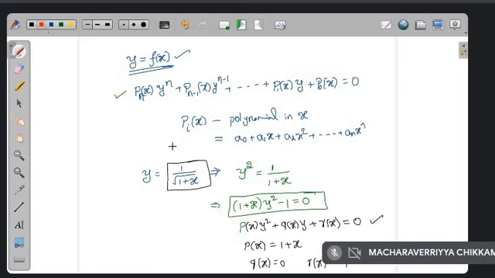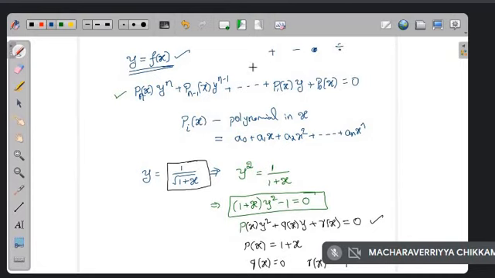Simply saying, if you want to find whether a function is algebraic or not, you just see whether it is formed with algebraic operations or not. By algebraic operations, I mean you can add, subtract, multiply, and divide. So these are the algebraic operations we are taking.